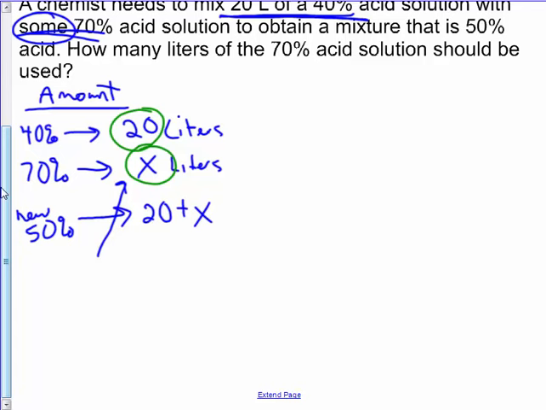So I'm going to take my 20 liters of the first solution and times it by 40%.